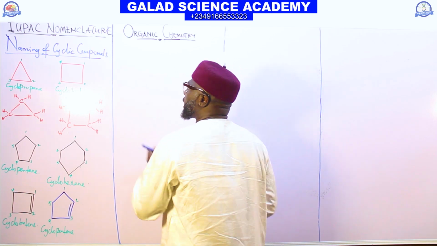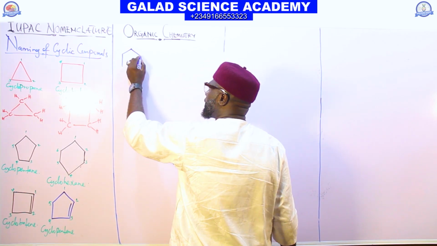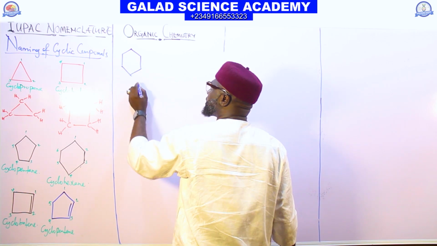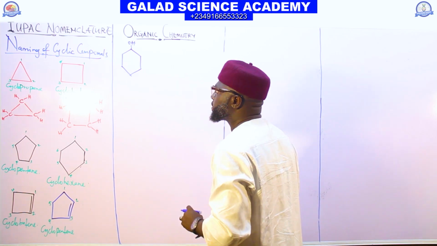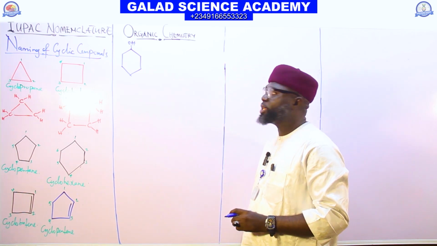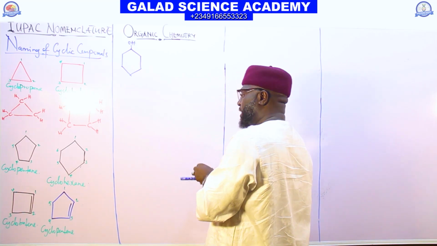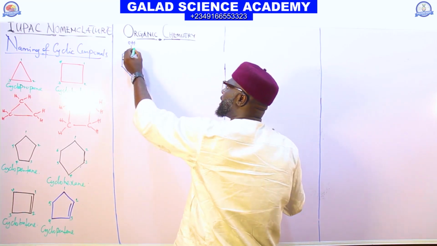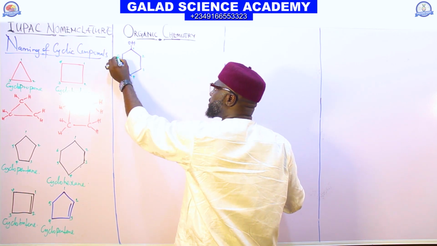But if you have a cyclo compound like this, that has 6, and we now put OH here. What is the number of sides? Count it. The number of sides there is 6. 1, 2, 3, 4, 5, 6.